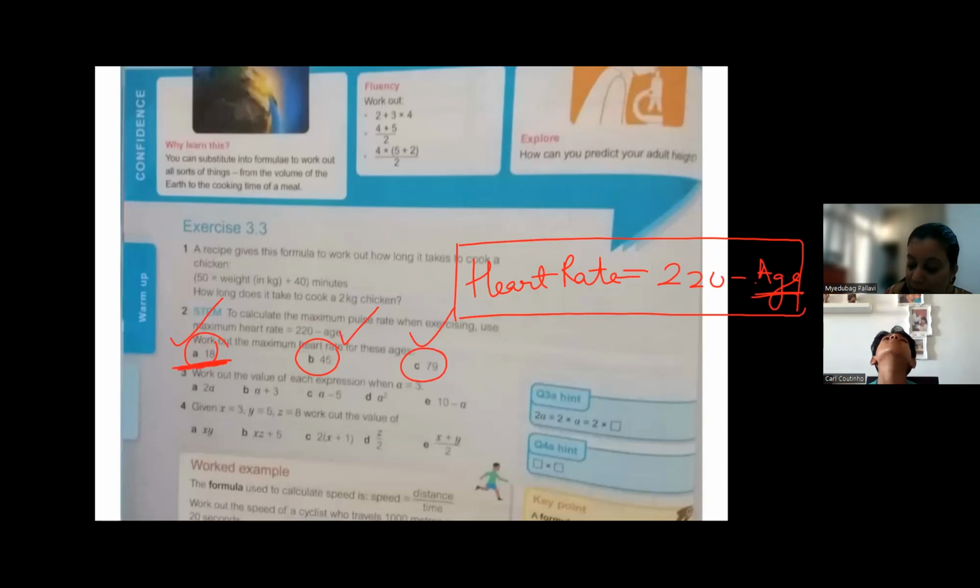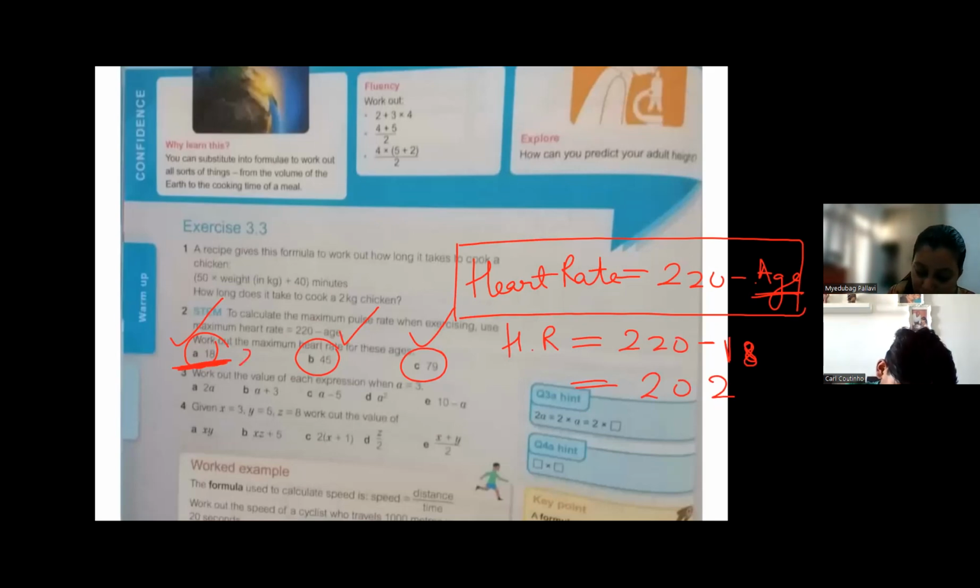If age is 18, the heart rate, HR in short, is 220 minus 18. We just have to subtract the age. How much will it be? 202 will be the heart rate.